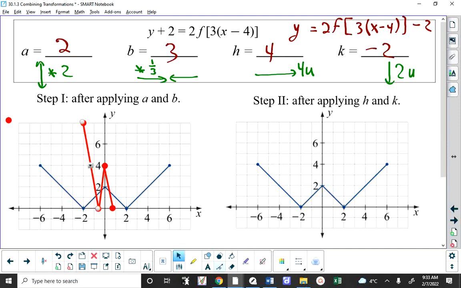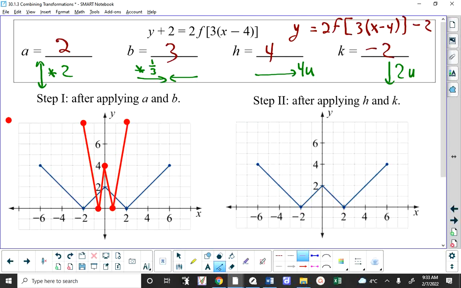And finally, this point, I stretch it vertically by a factor of 2, which is going to put it twice as far away from the x-axis, up at 8. Horizontally by a factor of 1/3, which is going to put it 1/3 as close to the y-axis. It was 6 away. 1/3 of 6 is 2. And we can complete the function.